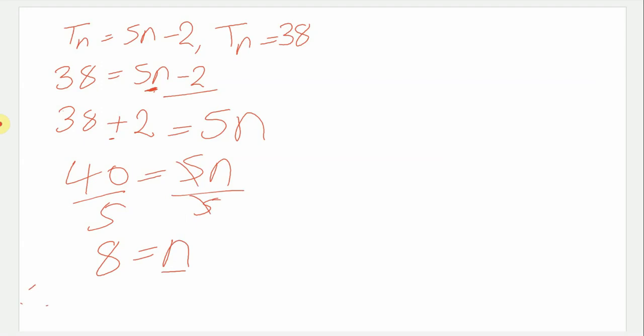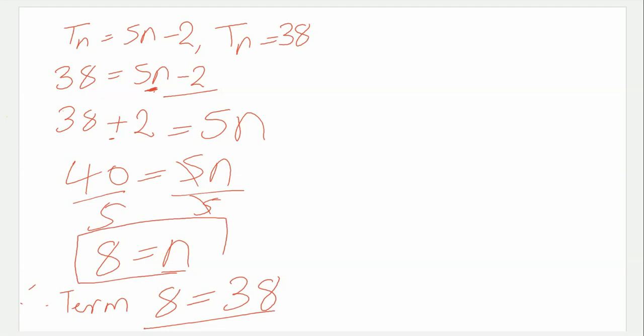That means the term number 8 is equal to 38. You answered the question, and the answer is right here: you calculated the value of n, which is equal to 8.